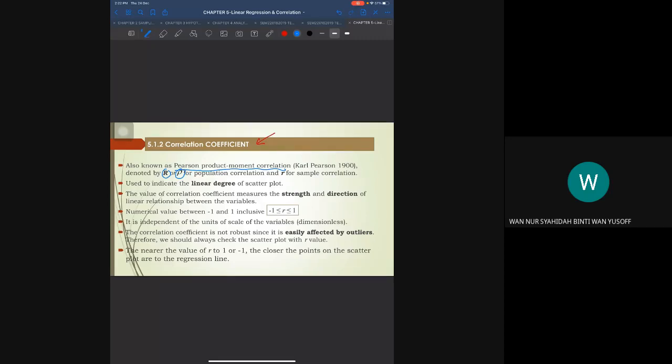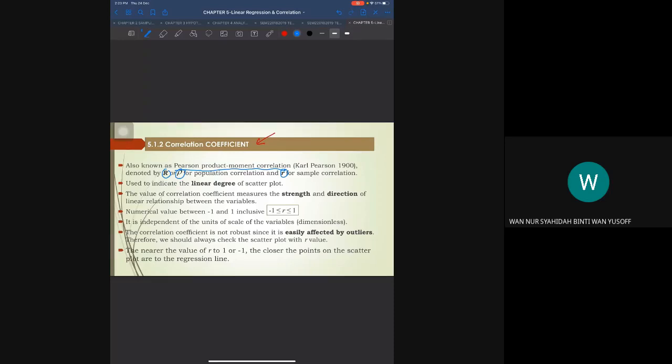So if you have population data, then we use capital R or rho to represent the correlation coefficient. And if you have sample data, then we use small r to represent the correlation coefficient.